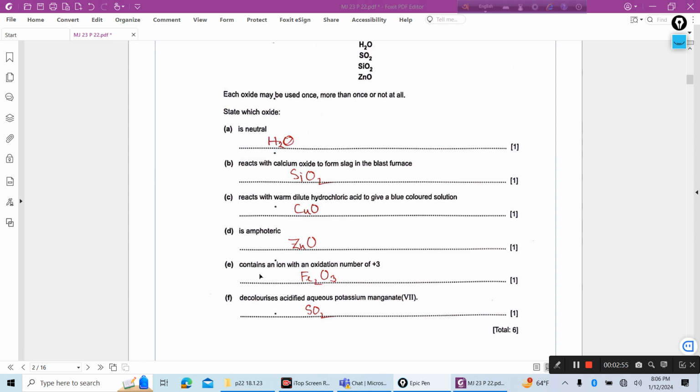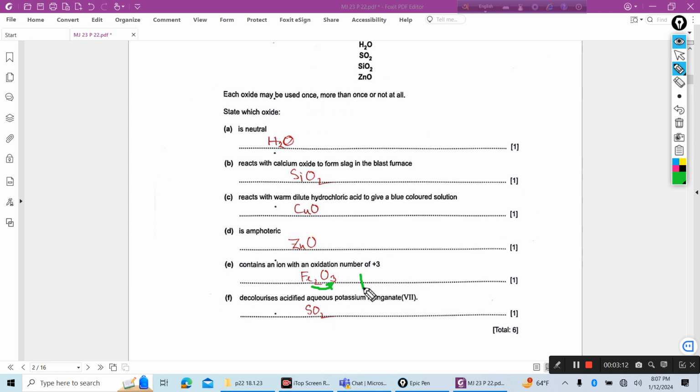E, which oxide contains an ion with an oxidation number of +3? You know, iron 3 oxide. Here iron is 3, oxygen is 2 valency. So this iron is Fe3+, iron 3 oxide.